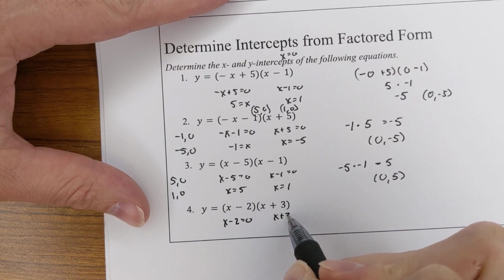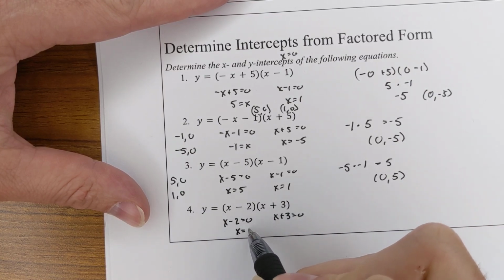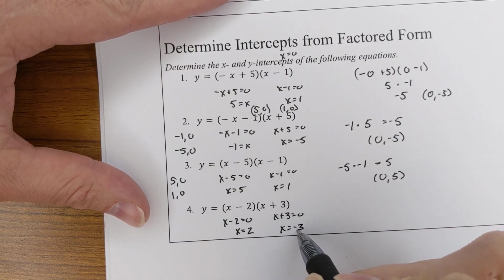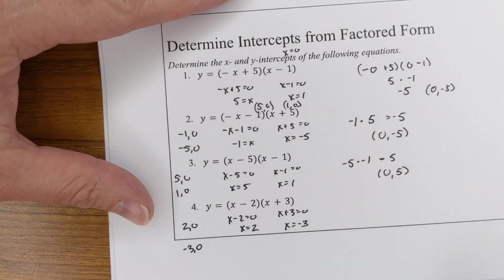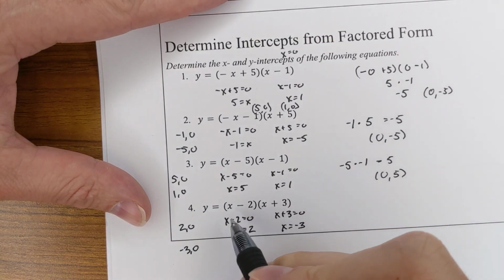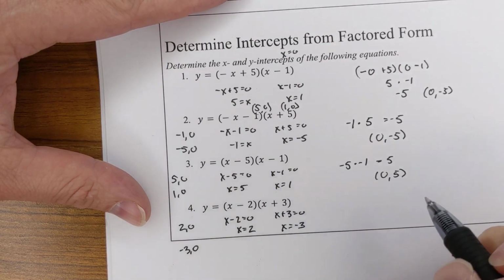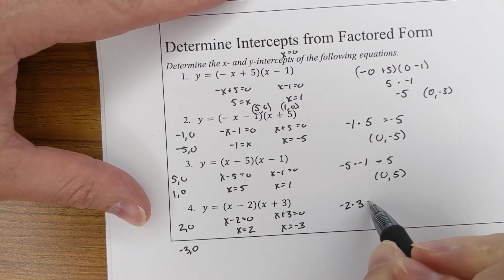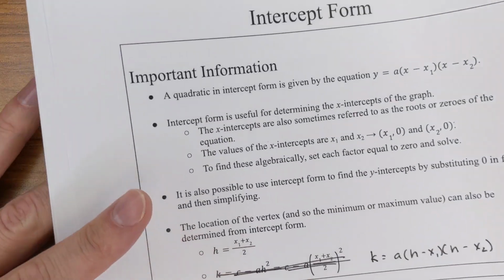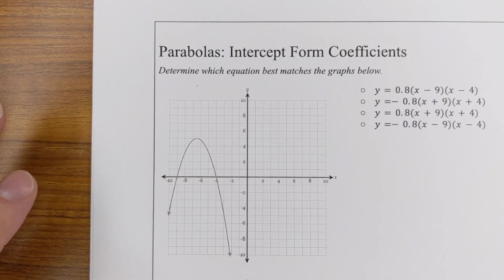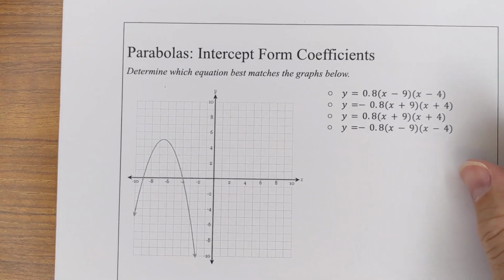So this would be x is positive 2, this would be x is negative 3. So 2, comma, 0, and negative 3, comma, 0 for our intercepts. If I make x 0 to find the y-intercepts, the x's go away. This becomes negative 2 times positive 3, or negative 6. So 0, negative 6.